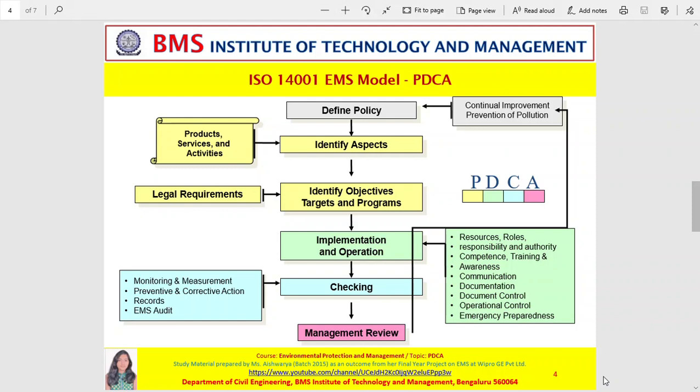This overview helps us determine environmental aspects. Now, what are environmental aspects? An environmental aspect is any activity, product, or process that can influence the environment.